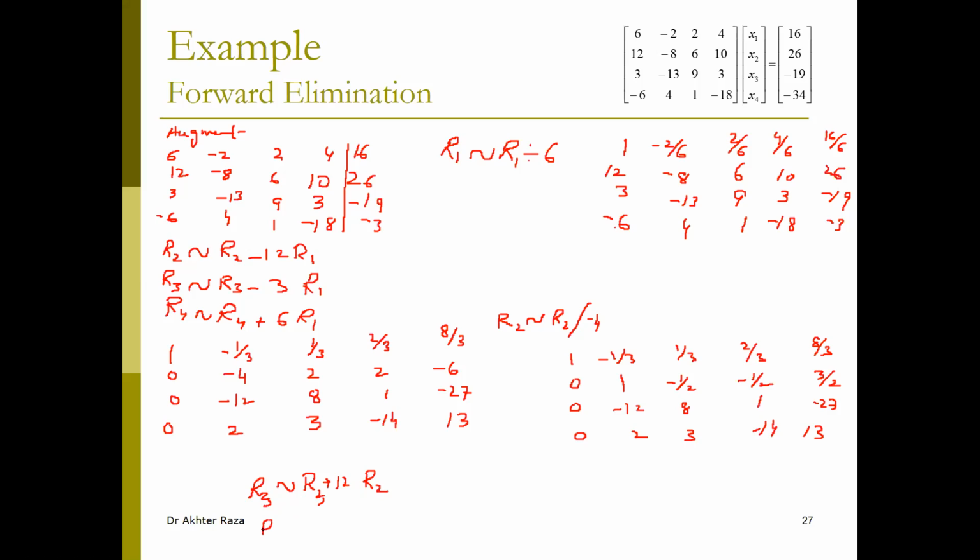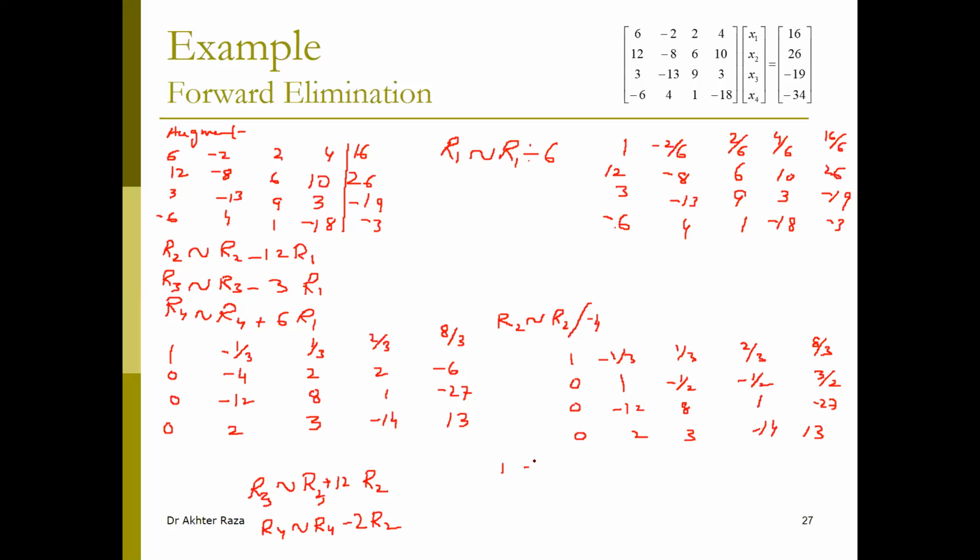And row 4 will be changed by row 4 minus 2 times row 2. So after these operations, row number 1 will not be changed.